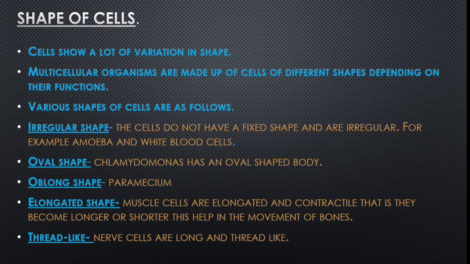This helps in the movement of bones. Then there is thread-like shape, and this is present in nerve cells, which are long and thread-like. Where are nerve cells present? They are present in your brain.